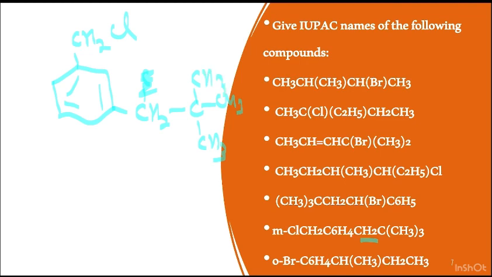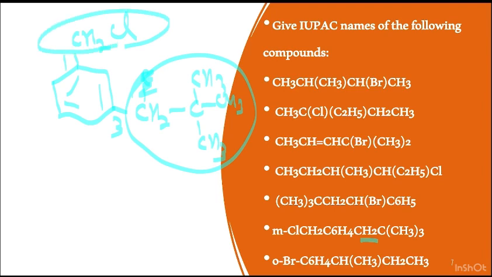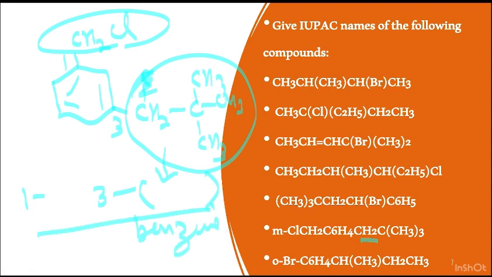For this I have already told you the name. It's on the third carbon. First carbon has chloromethyl. So the compound is benzene, and on the first carbon you have chloromethyl. On the third carbon you have this complex substituent, and then you end it with benzene. That's how you write the name.